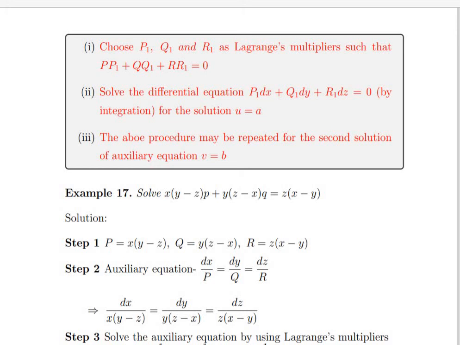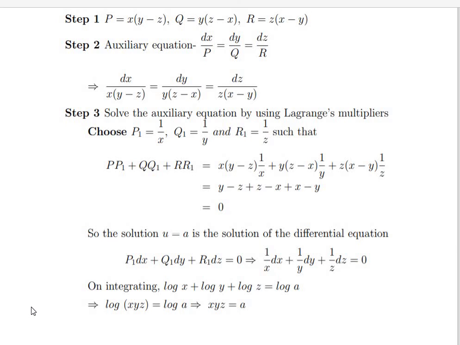Now we will solve this auxiliary equation by using Lagrange's multipliers, because here directly finding the solution using grouping is not possible. Now if we observe the denominators of the auxiliary equation, the first term is x into (y minus z), the second is y into (z minus x), and the third one is z into (x minus y).